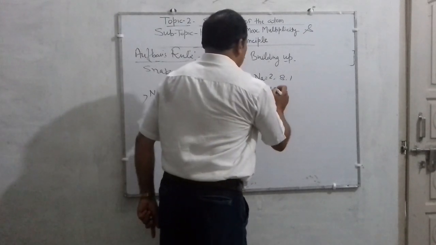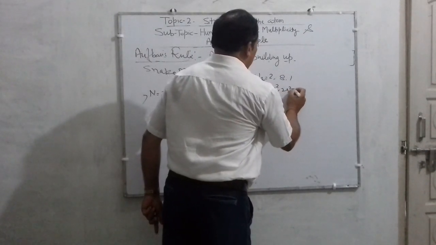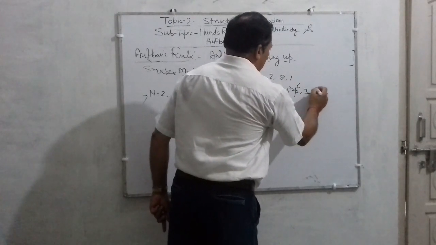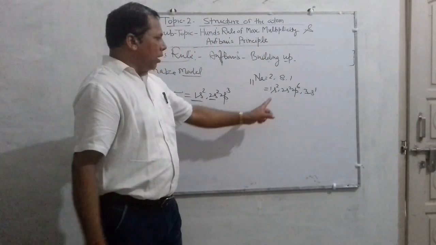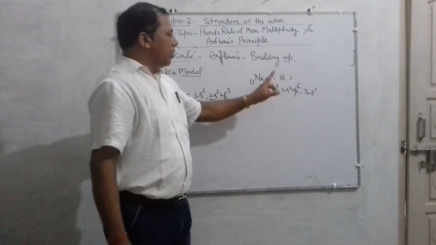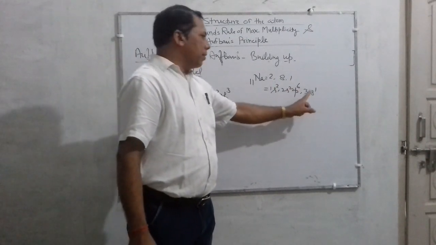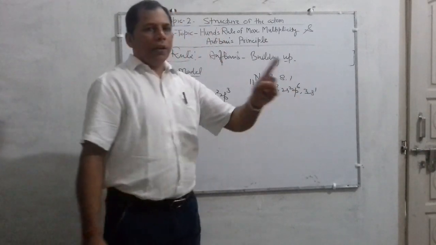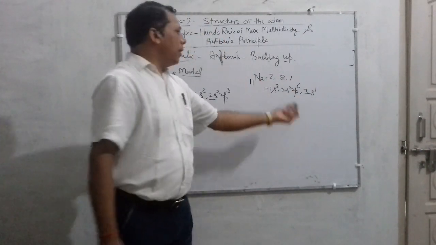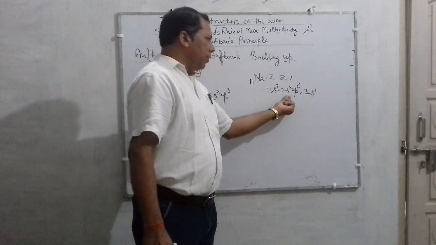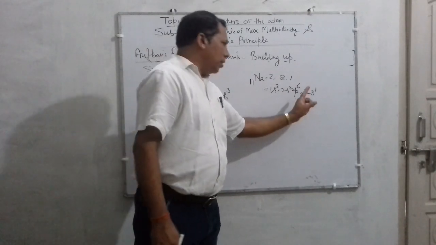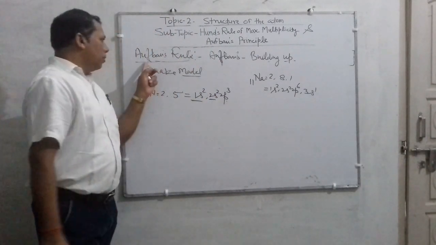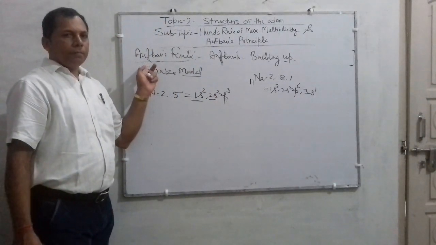So the order is 1s2, then 2s2, then 2p6 and then 3s1. The energy of 1s is least and the energy of 3s is higher in the case of sodium. So electrons fill first 1s, then 2s, then 2p and then 3s. This is the meaning of this principle or rule.